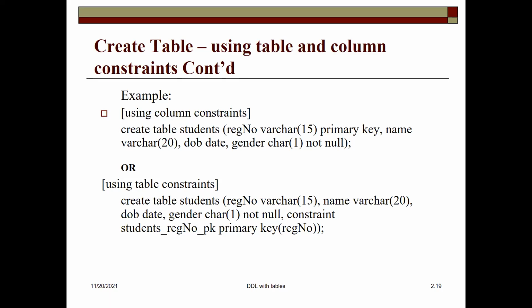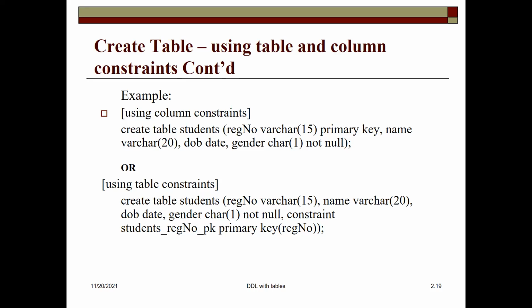What constraints can you identify in the entire syntax? You see a primary key. So that defines that all values must be unique. And also on the gender, it shows not null. So that means you can't leave that blank.